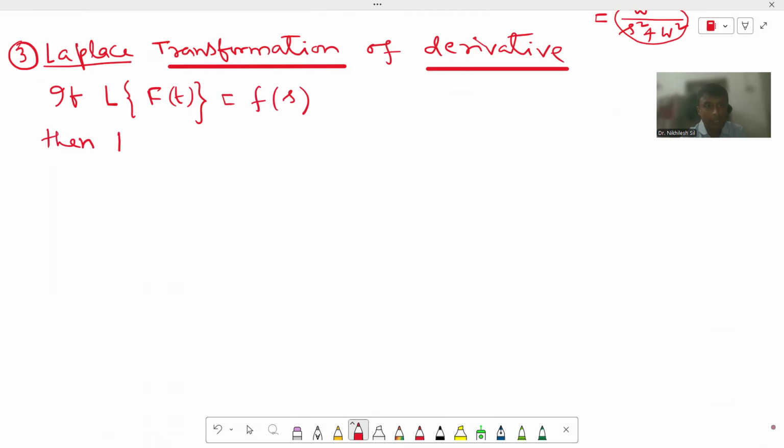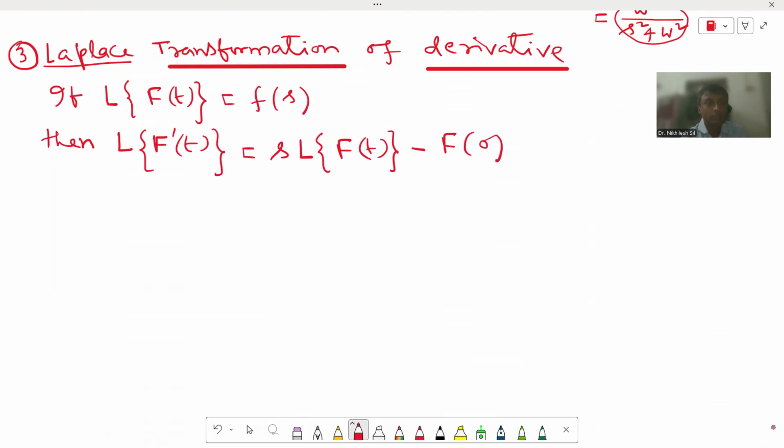Then Laplace of the derivative of f(t) is equal to s into L of f(t) minus f(0). Okay, clear? So that means the Laplace of f dash t exists.